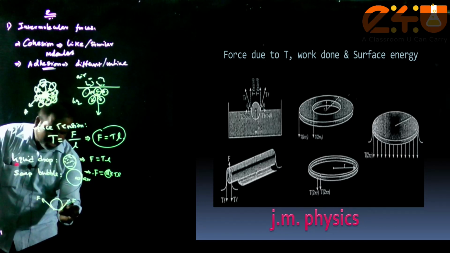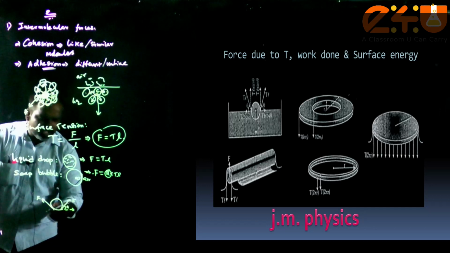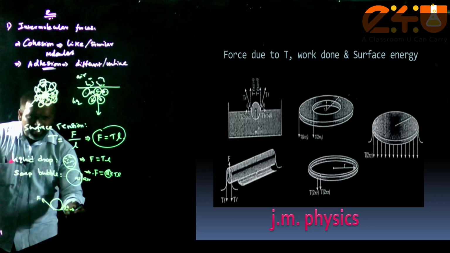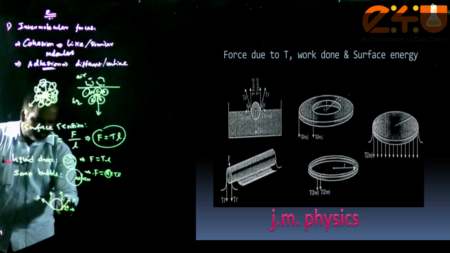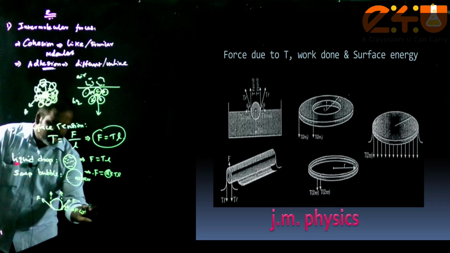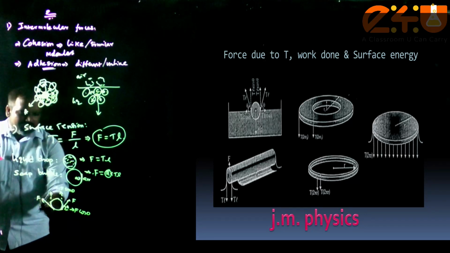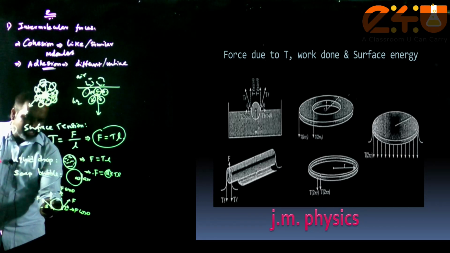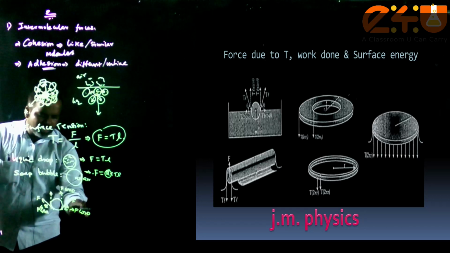This force is resolved into components, with angle theta. According to this diagram, one component will be F cos theta and the other will be F sin theta. The F cos theta components get cancelled out, since these two are equal and opposite.